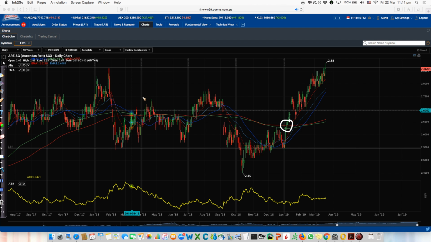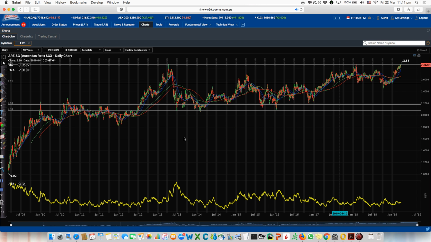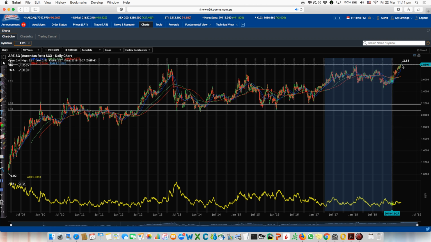Well, to show you this, I have to change here. Let's reset again to 10 years. Okay, maybe here you can see. So this is the 10 years chart, and you see here that this level was a long-term resistance. It was hit once, twice, and then here it was approaching this level again.